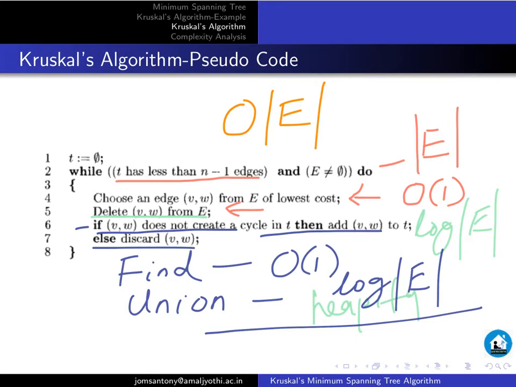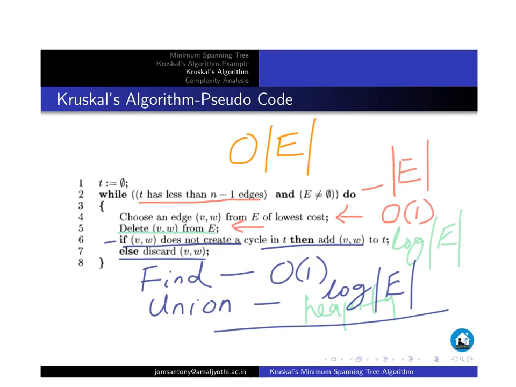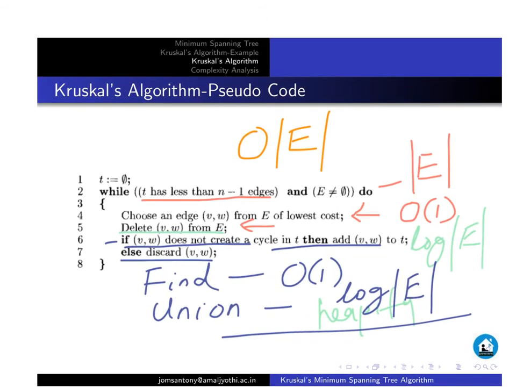So totally, if you add all these things together, you'll be getting something like order of e plus, I'll be writing only the significant things here, order of e plus you are executing this deletion and union operation e times.